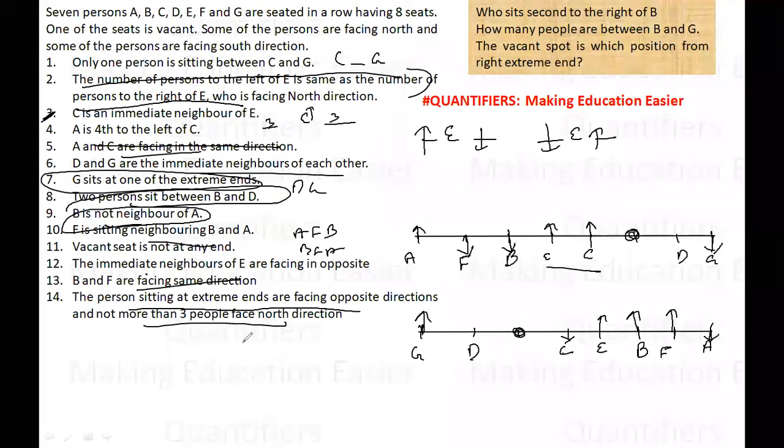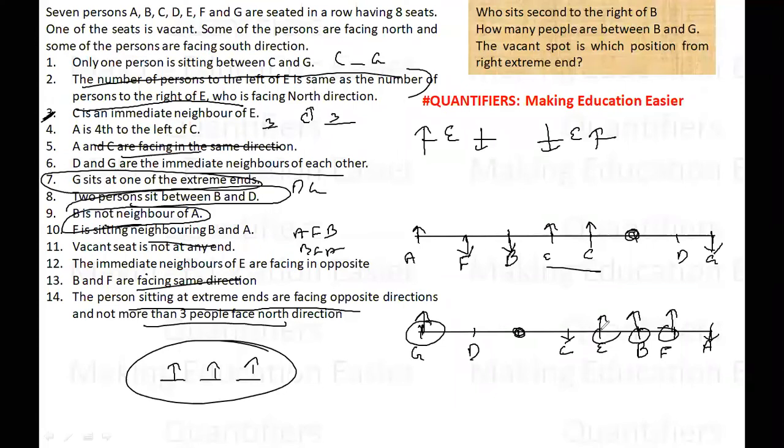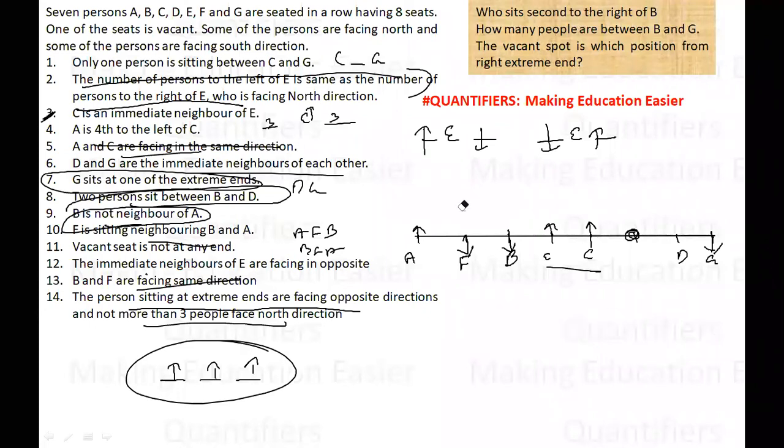And not more than 3 people face north direction. So the maximum number of people facing north is 3, which means either G or B or F or E. But in the second scenario, I am having 4 people facing north, which means that this scenario is also wrong. So removing this scenario.